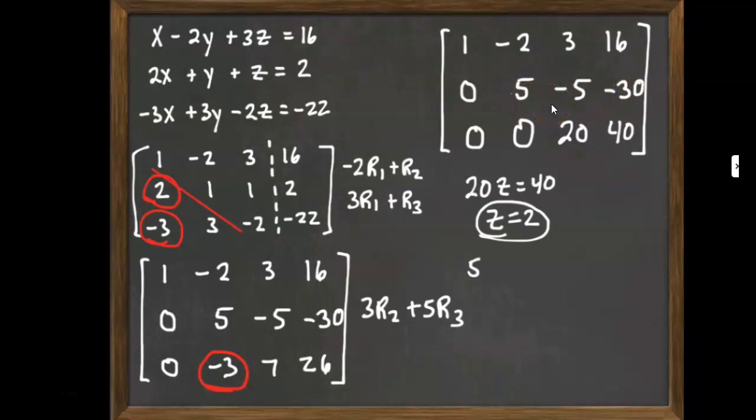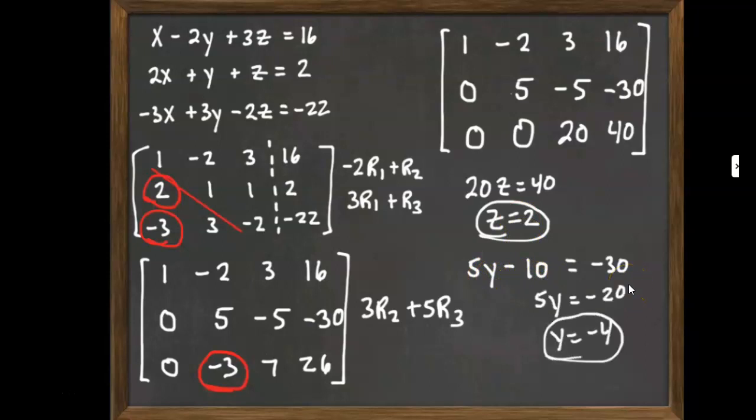So when I write that down, I'm going to write it down as 5y, and then minus 5 times z will be minus 10 equals negative 30. And then we can solve for y, bring the 10 over, get 5y equals negative 20, and then divide both sides by 5, and we get y equals negative 4.